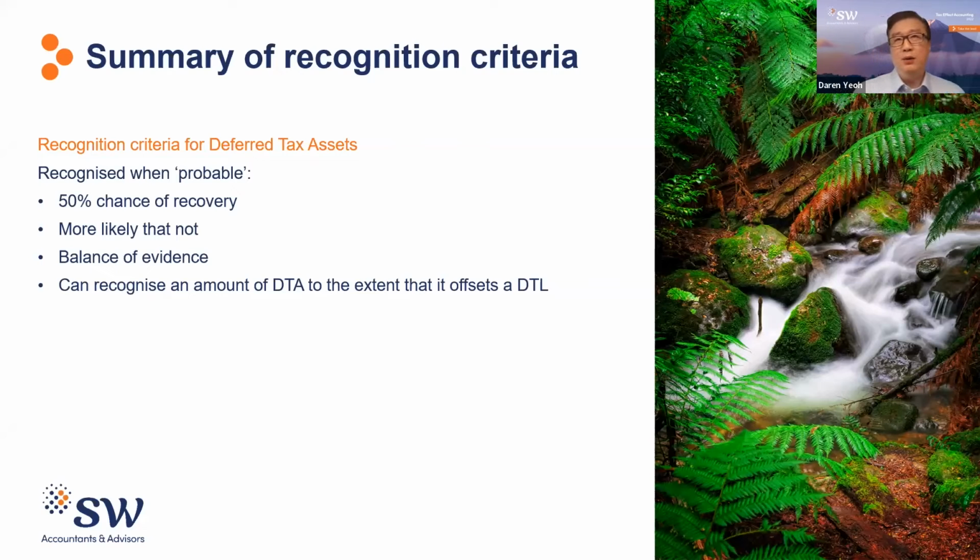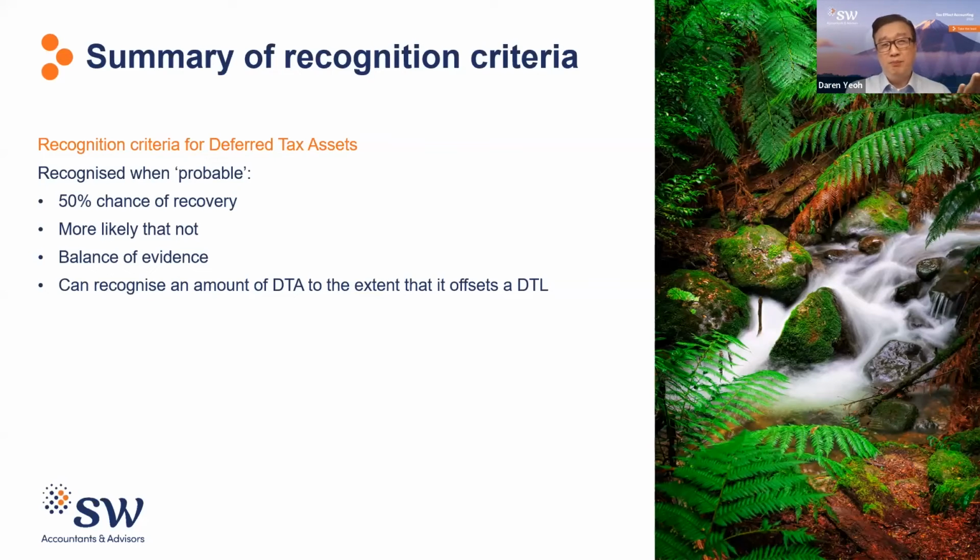In working out whether it's probable that you're going to use those deductions and losses, you need to put your positive evidence beside your negative evidence. Your negative evidence might be, for example, a history of tax losses being incurred. That's a very strong negative evidence.